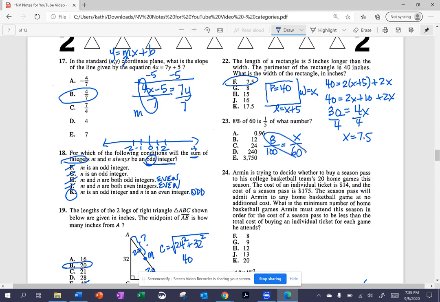So cross multiplying, I get x equals 8 times 60 divided by 100, which is 4.8. So 4.8 times 5 is 24.